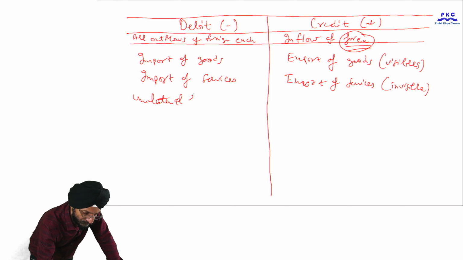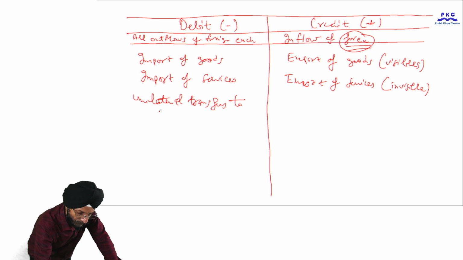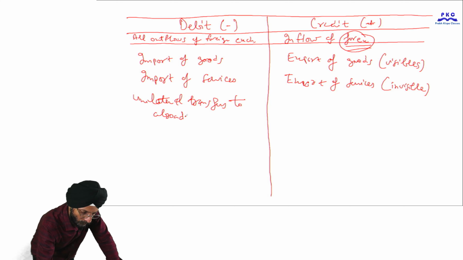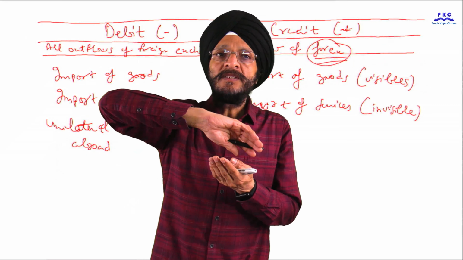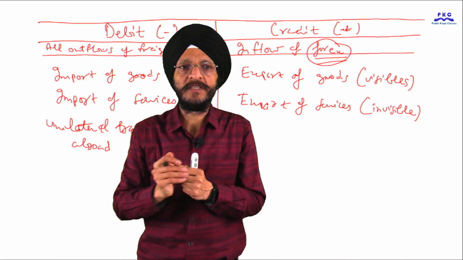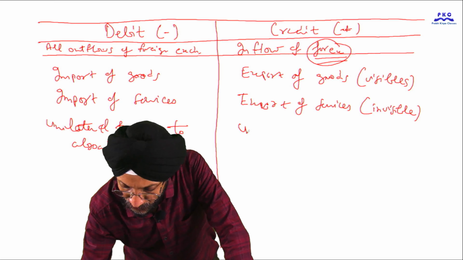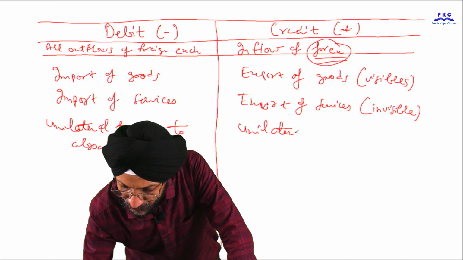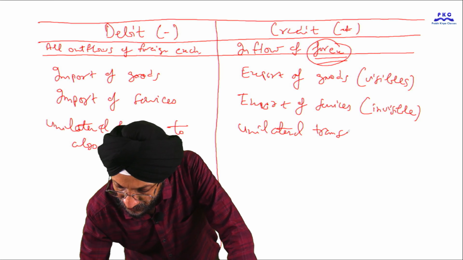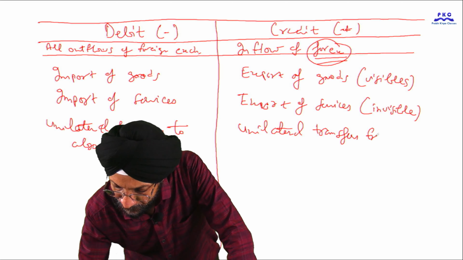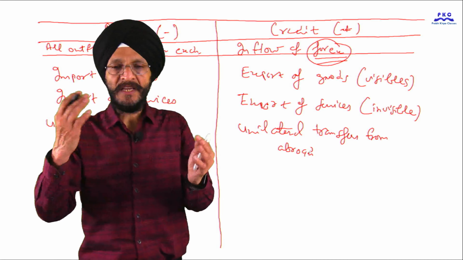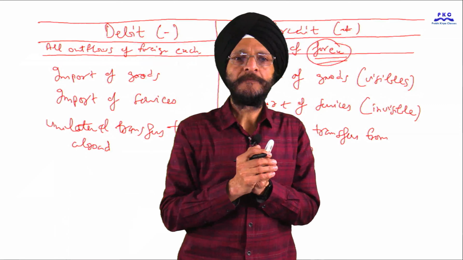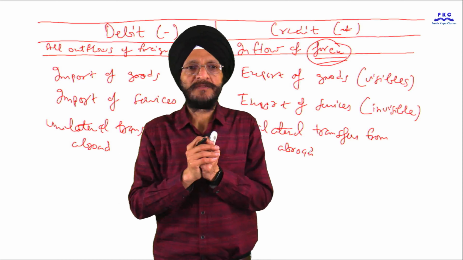Unilateral transfers to abroad means that we are sending foreign exchange to other countries, outflow of foreign exchange. But if we receive unilateral transfers from abroad, gifts, foreign aid, these are unilateral transfers.